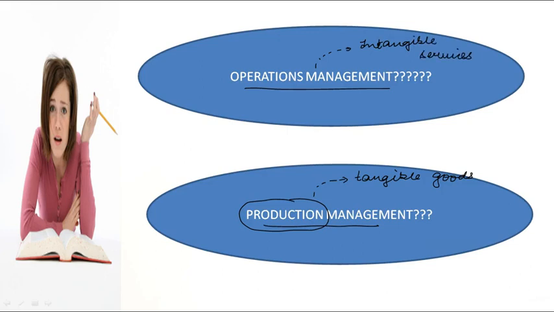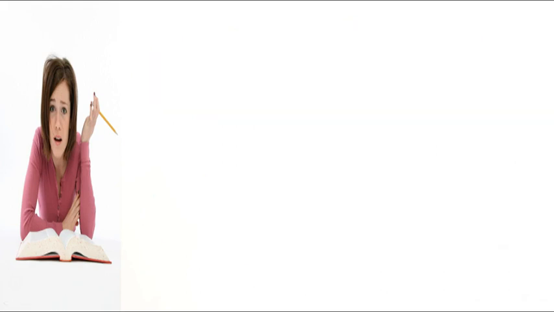Services cannot be basically touched, or that you cannot feel them. But goods are something which you can basically feel them. And there are intangible services as well. Now, moving on to next, let me give you one more difference between. So, okay, there is nothing like that you are going to basically like, कुछ भी हो पूछ लिया करो, कोई टेंशन वाली बात नहीं है.